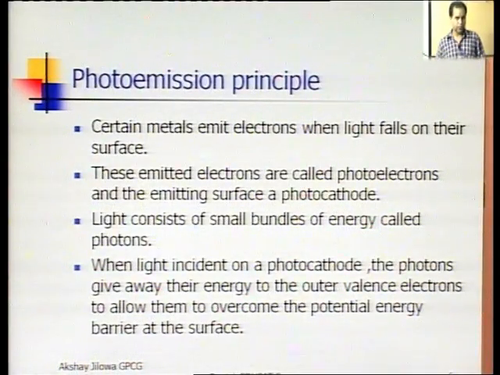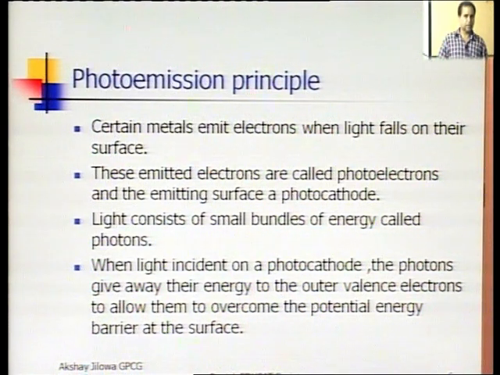First, the photo emission principle. Certain metals emit electrons when light falls on their surface. So, certain metals exhibit this property, that whenever light falls on their surface, they emit some electrons. These emitted electrons are called photoelectrons, and the emitting surface a photocathode.